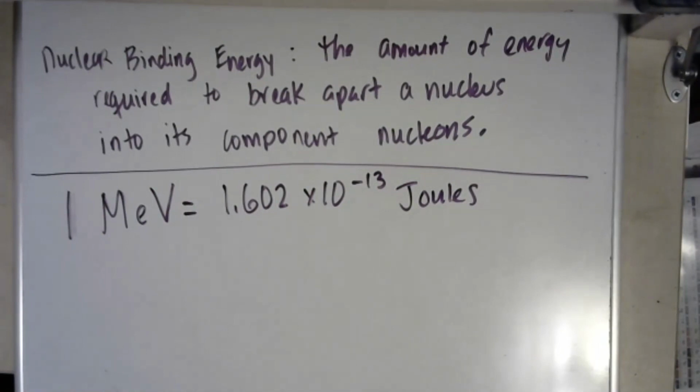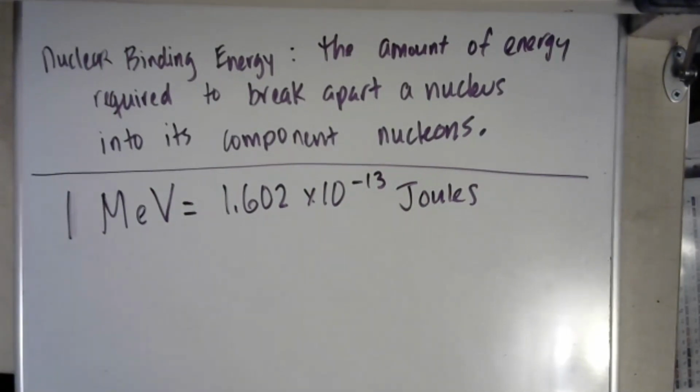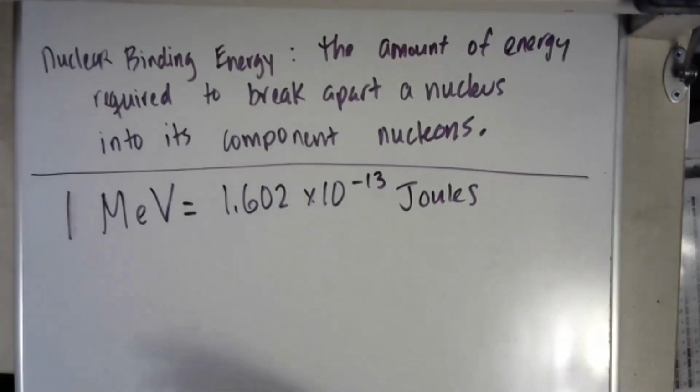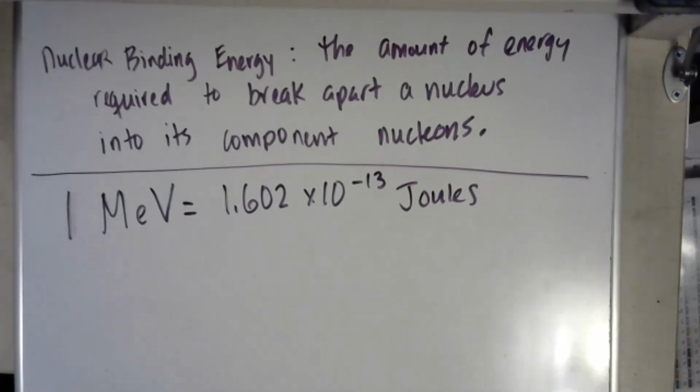And when you look at nuclear binding energy, they ask you what is the nuclear binding energy per nucleon. So that's another thing to keep in mind. You have to literally count the nucleons that make up the particular atom that you're looking at.